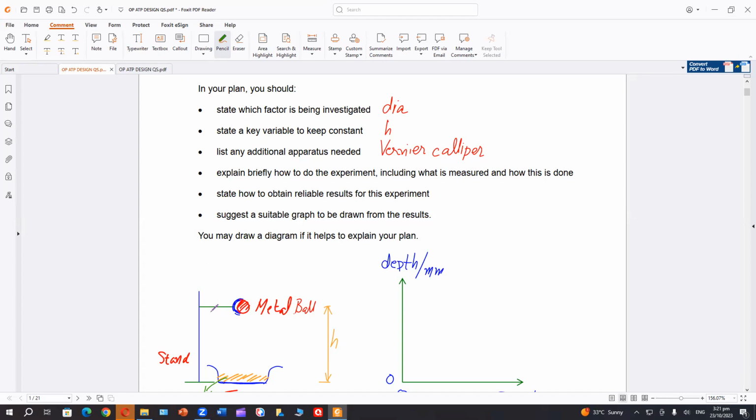Then repeat, reset, yeah, replane the sand again. Replane the sand. Take a bigger ball and drop it from the same height.